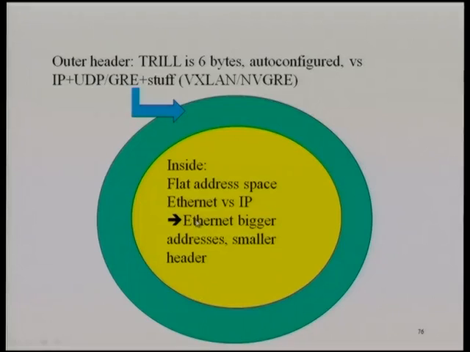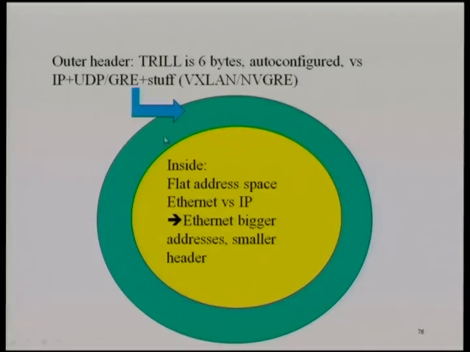To me, either one works. I think Ethernet is better because it gives you bigger addresses with a smaller header. There's a whole bunch of junk in the IP header that you don't need for this purpose. And everyone knows how to get globally unique Ethernet addresses to auto-configure, and with IP it's going to be more painful to get a 4-byte address.